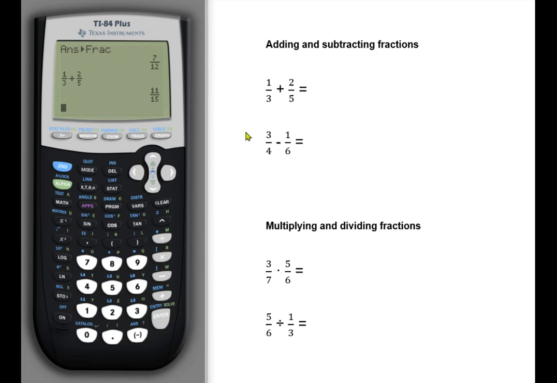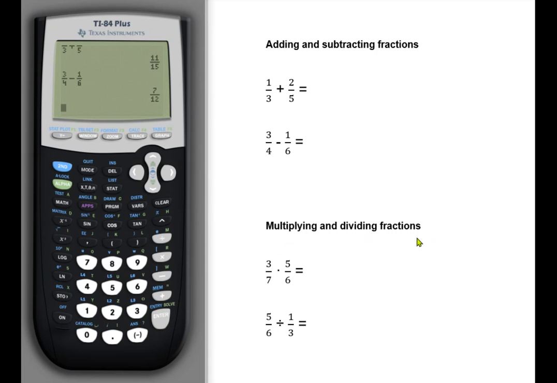For subtraction, the same thing, alpha, y equals, pick number 1, you have 3/4 minus alpha, y equals, and again, pick number 1, and we have 1/6, and finally hit enter.